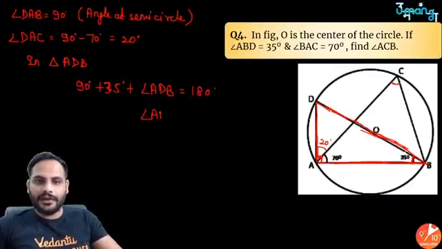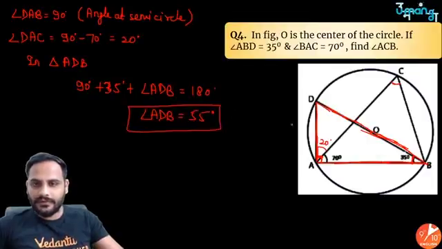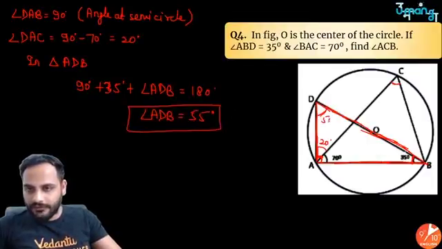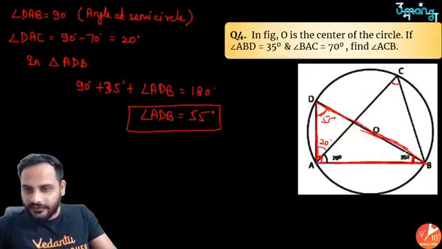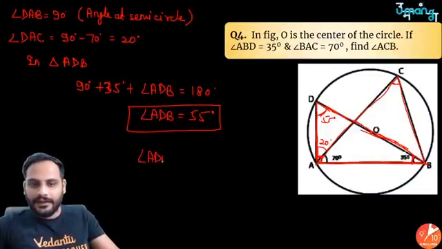So from here you have got angle ADB is equal to 55 degrees. Okay beta, this angle is what? 55 degrees. And we have just learned angles in the same segment are equal. So if I assume this AB as the chord, then angle ADB and angle ACB must be equal. So I can say angle ADB is equal to angle ACB.